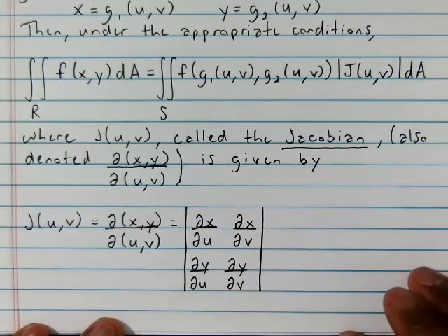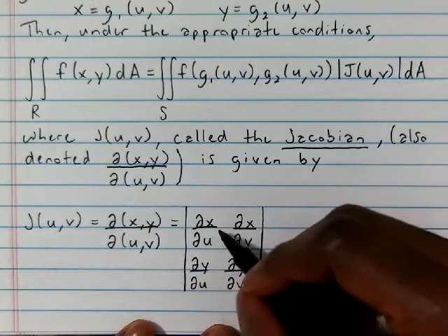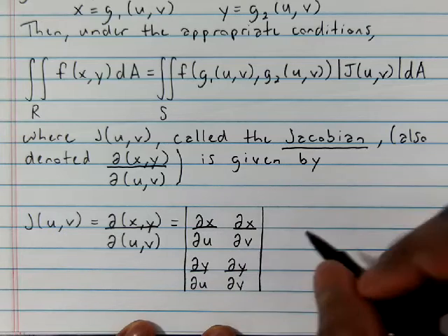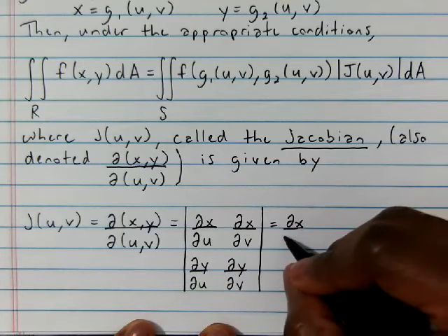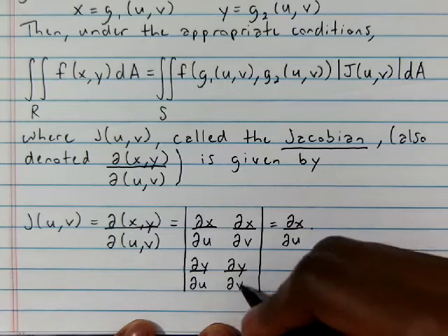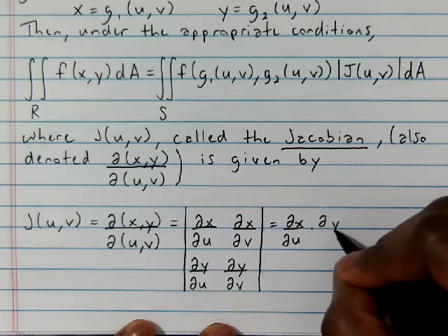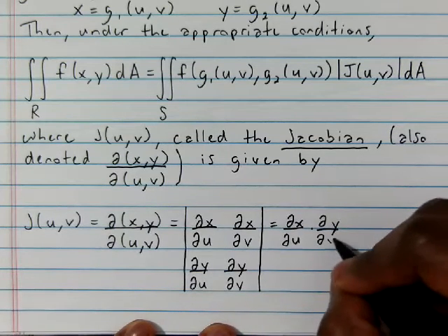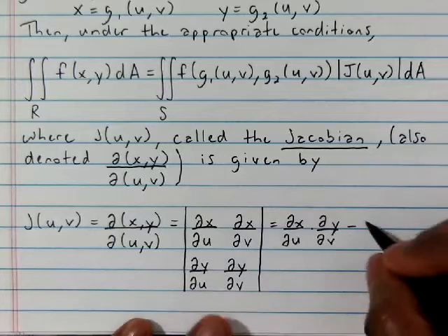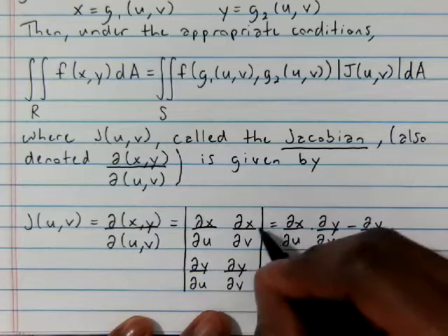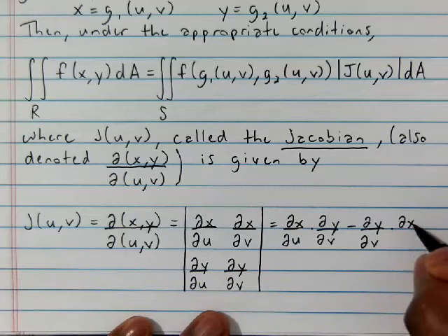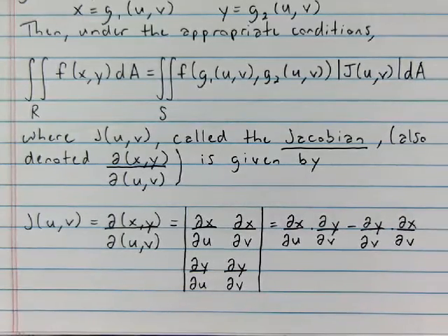And just in case we forgot how to compute a determinant, remember that's just this times this minus that times that. So this is the partial of x with respect to u times the partial of y with respect to v, minus the partial of y with respect to u times the partial of x with respect to v. And we've seen determinants when we were doing cross products earlier in the semester.